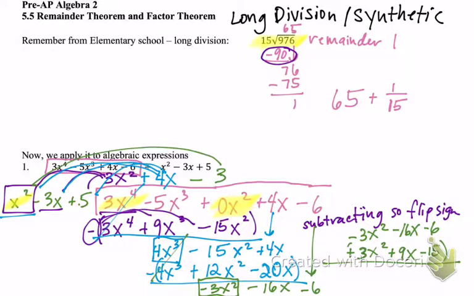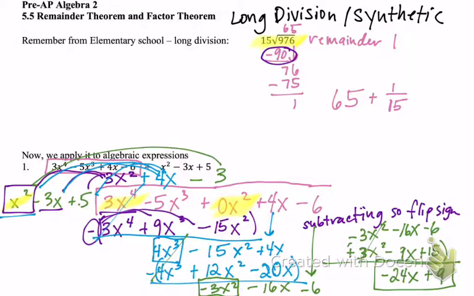I'm going to flip the sign of the positive 9x to become a negative 9x. And then this becomes a positive 15. So this will cancel. Negative 16x, negative 9x is negative 24x and a positive 9.